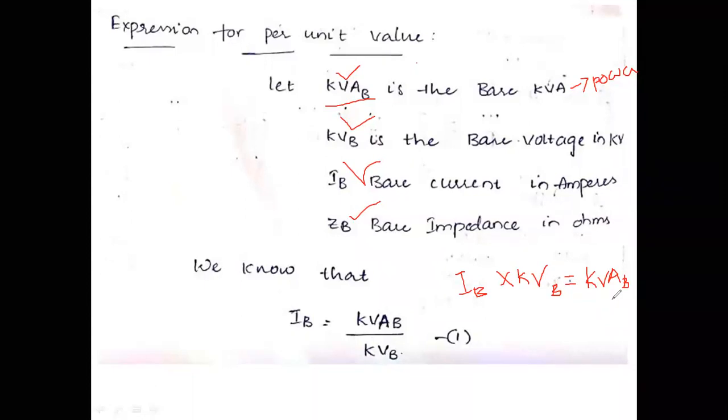What is the base power? Base power is always expressed in terms of MVA or KVA. So power is equal to voltage multiplied by current. If I want to find I base, take the ratio of KVA base divided by KV base. Make this equation number 1, right?